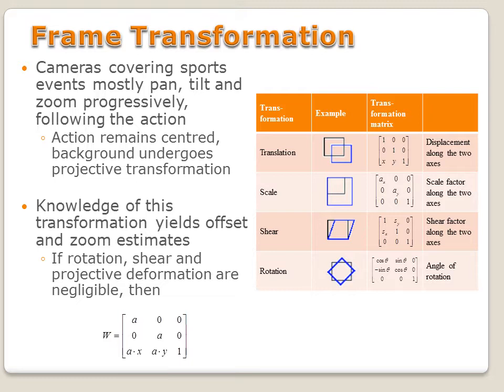On the right hand side, you can see the transformation matrix that is obtained using four usual affine transformations: the translation, the scale change, the shear, and the rotation. Now, if we can assume that the rotation, shear, and projective deformation are negligible, then the transformation matrix has this form.